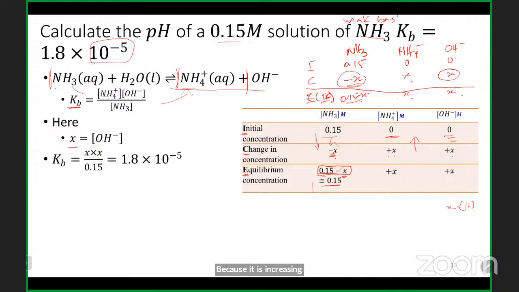In the last row, which is the equilibrium concentration, it is usually the summation of the two rows above.